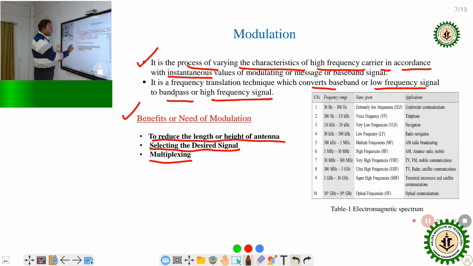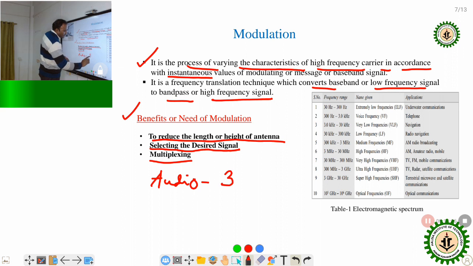Now first, how to change the antenna height. Normally, consider an audio signal whose range is suppose 100 hertz to 3 kilohertz.